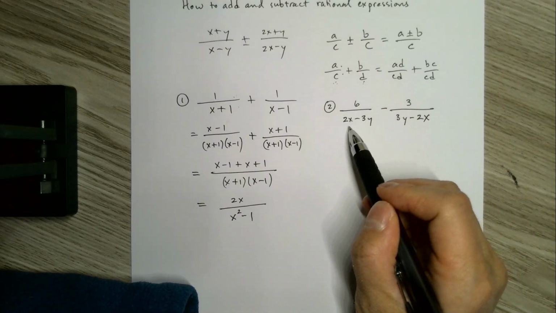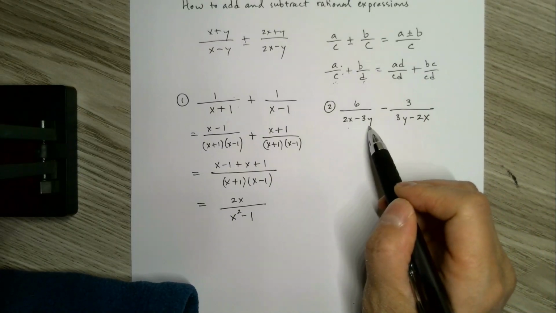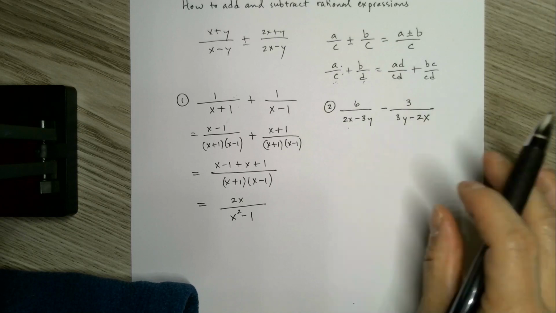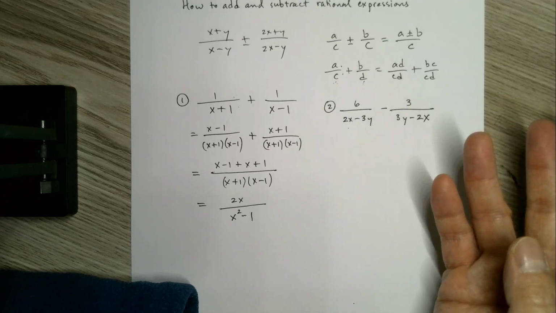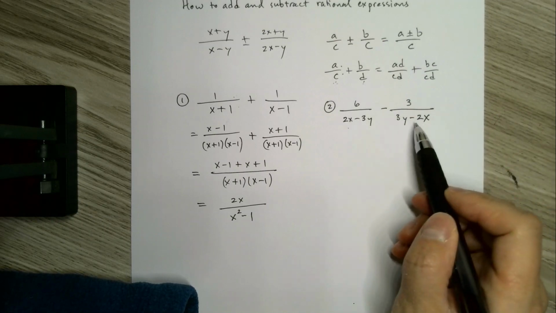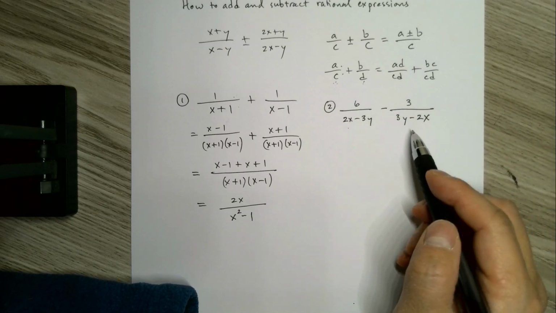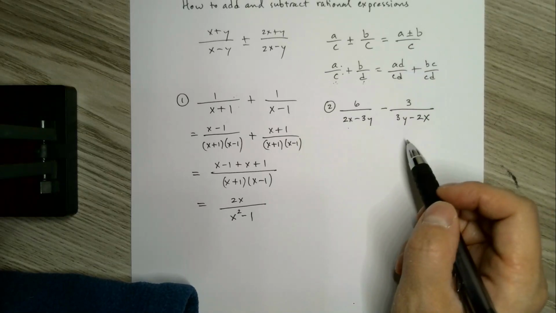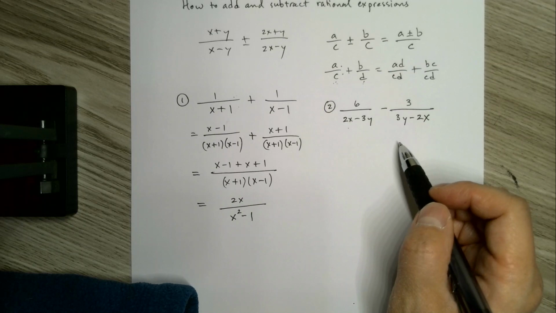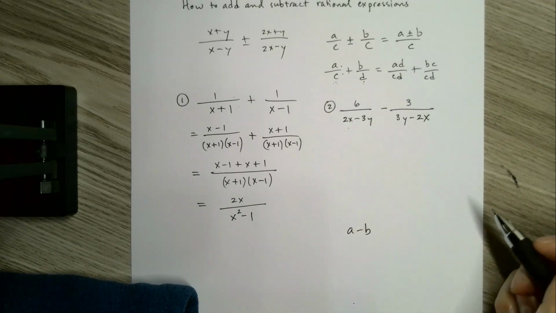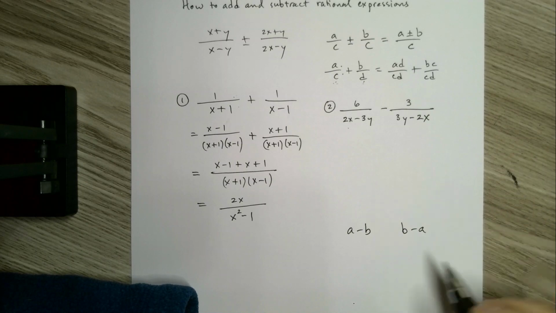You'll notice that 2x minus 3y and 3y minus 2x have the terms order switched, but it's still a minus. So in other words, the form of the two denominators is a minus b and b minus a. A minus b and b minus a.